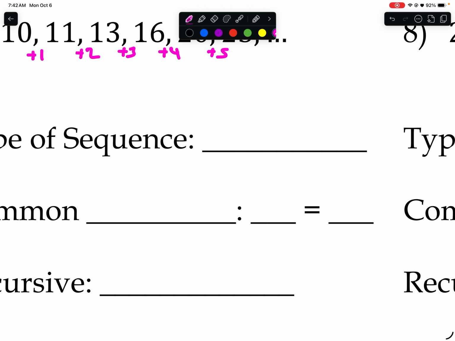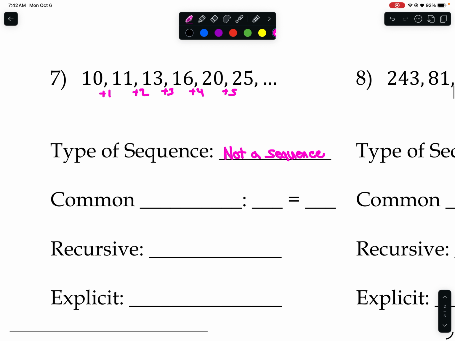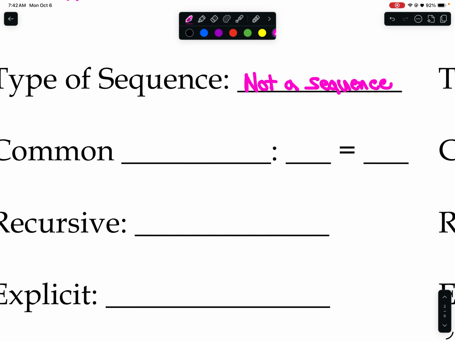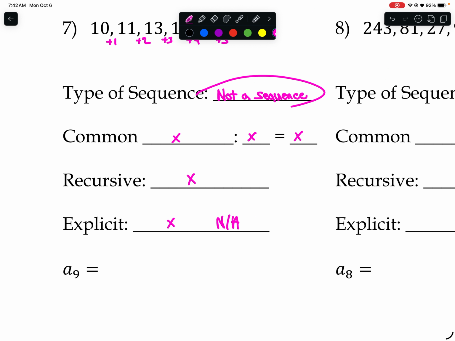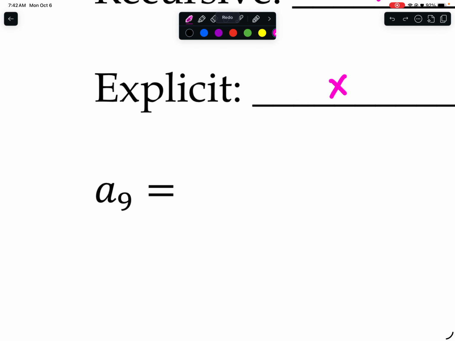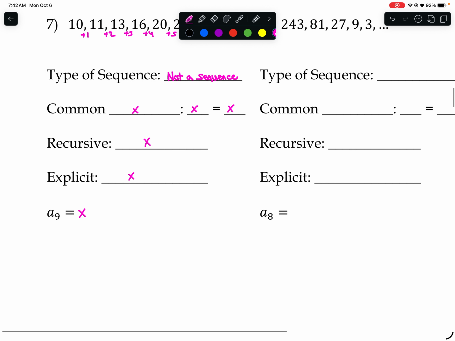So you would say this is not a sequence because it's not arithmetic and it's not geometric. It is a type of sequence, just not one that we're going to look at. Whenever that happens, you can just put X's, or you can even write NA. As long as I see not a sequence somewhere, and then you can fill it with either X's or NAs or whatever, not applicable, then we're good.